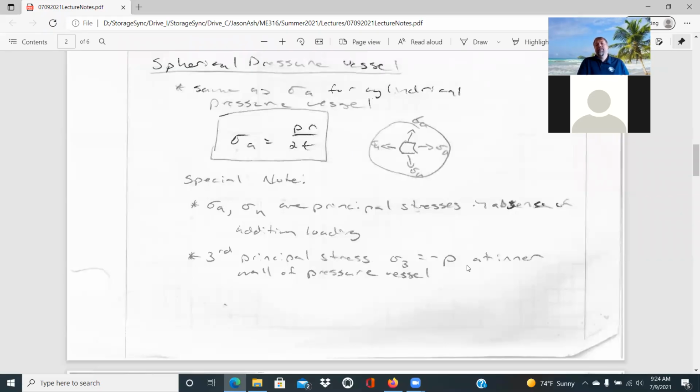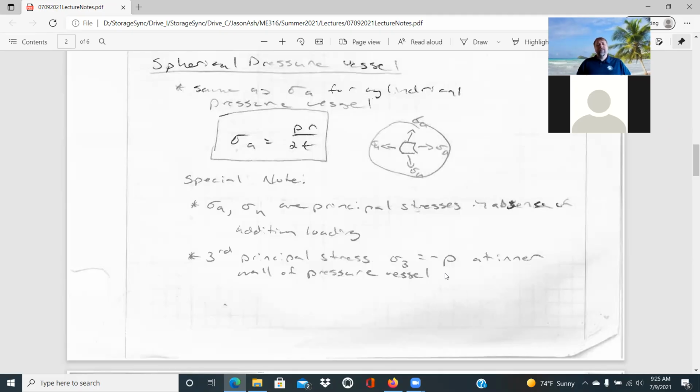And so this sigma 3 does end up becoming somewhat insignificant in terms of, say, the von Mises stress. But it is something you still need to take into consideration because it will alter it just a little bit. It does become more important then for thin-walled pressure vessels as that pressure component becomes a greater contribution of the state of stress.